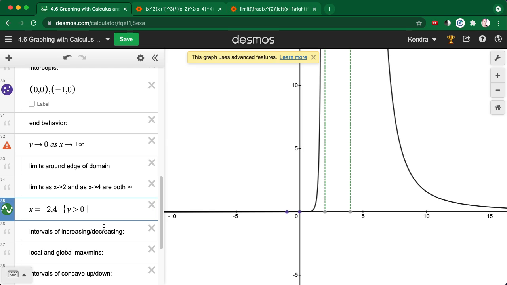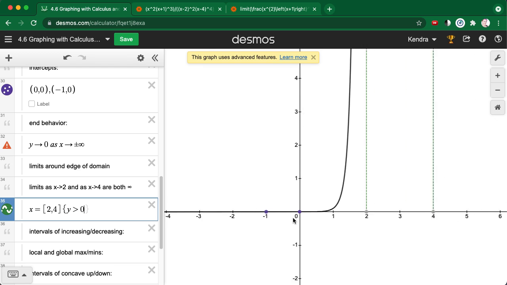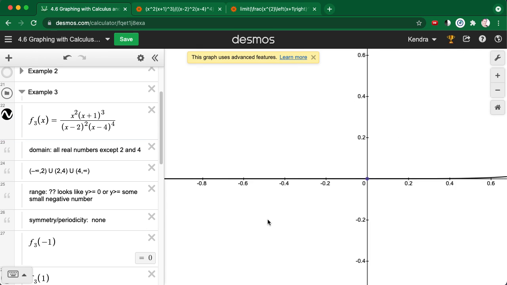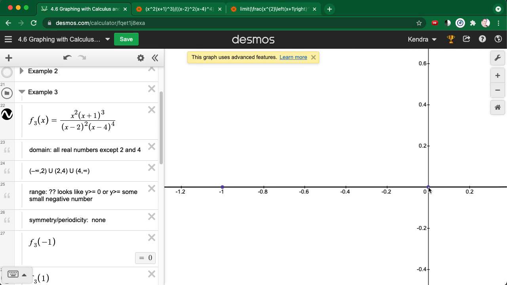Okay. Intervals of increasing and decreasing. And this is a little bit hard to see because, so if I click on this function, it highlights 3 points here. Now these 2 points, -1, 0 and 0, 0, are both intercepts of the function.